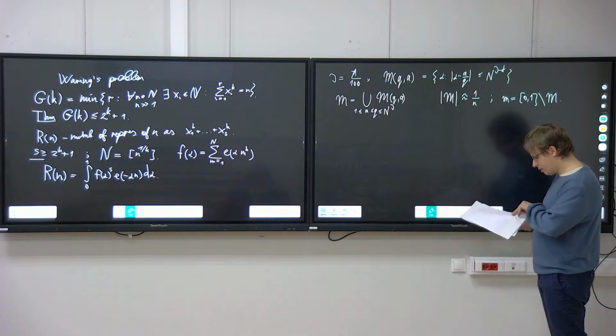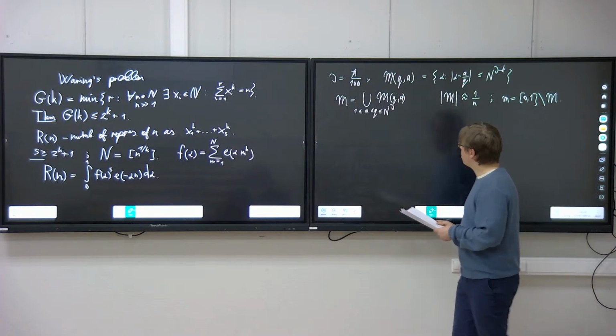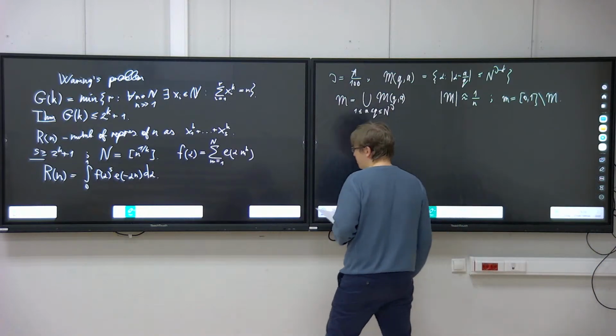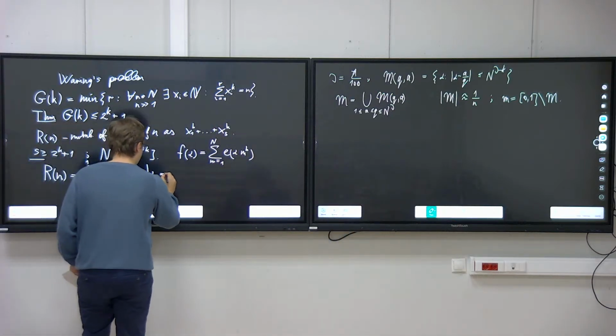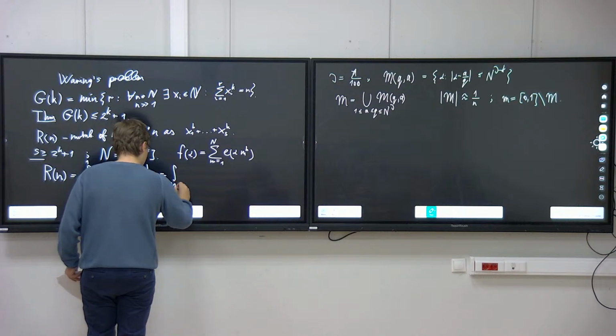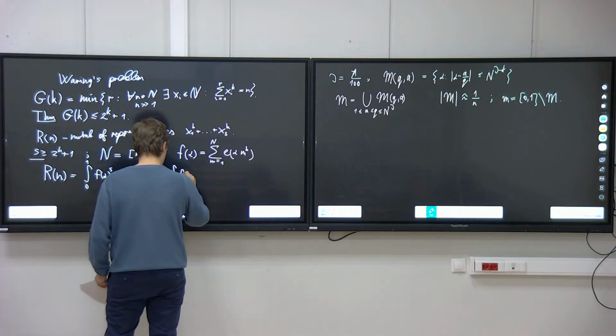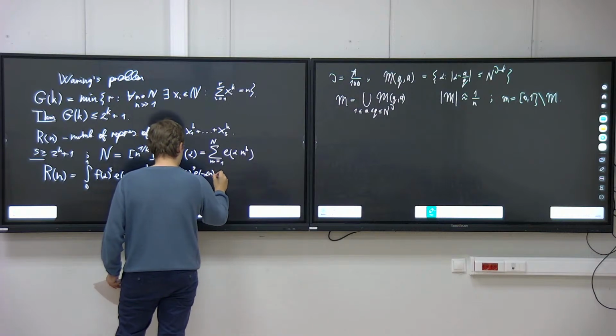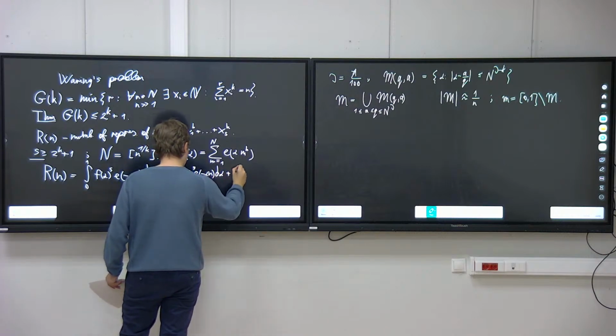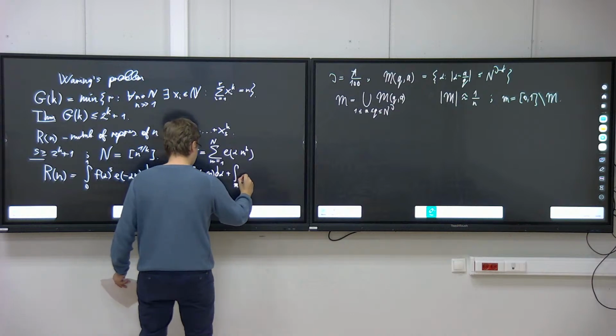And we had, so in a previous lecture we estimated our integral. This will be the integral over major arcs for our function plus the same over minor arcs. Yes, the same.